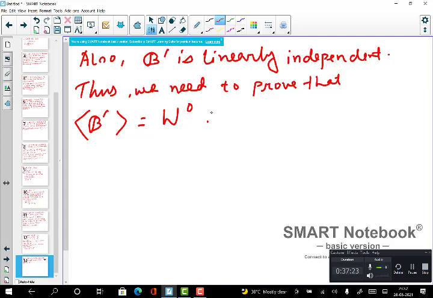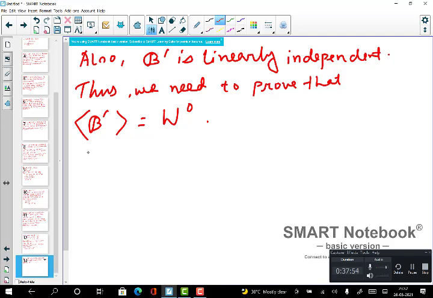So what does that mean? That means every vector inside W naught, every linear functional in W naught, actually comes from these n minus k many vectors. Now how do you prove this? Remember the definition of linear functional.